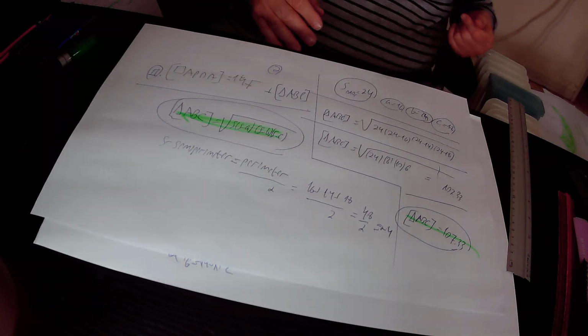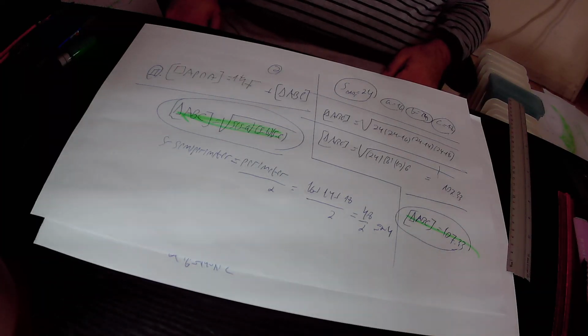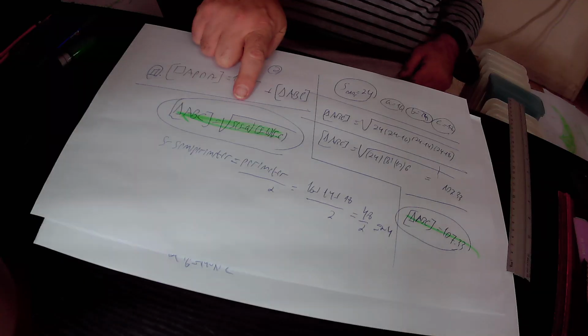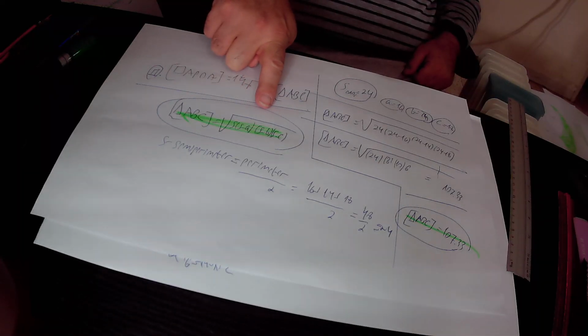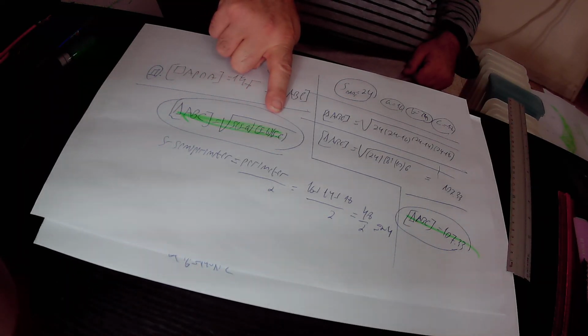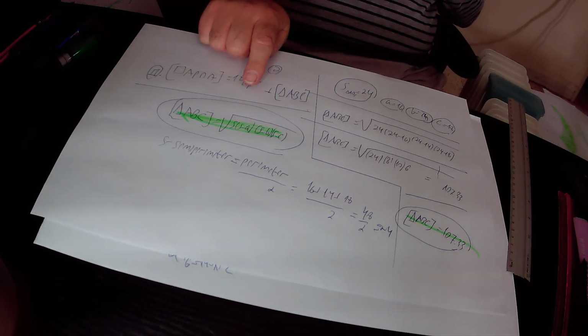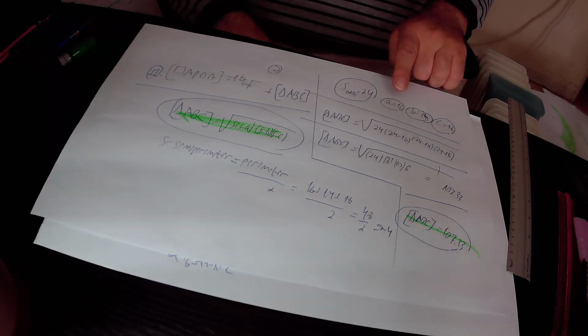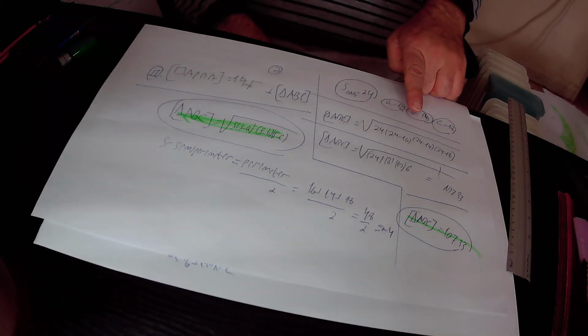So we did it, and we found that the area of the grand triangle ABC equals the square root of S, which is 24, times S minus A, that is 24 minus 16, times S minus B, that is 24 minus 14, times S minus C, that is 24 minus 18.